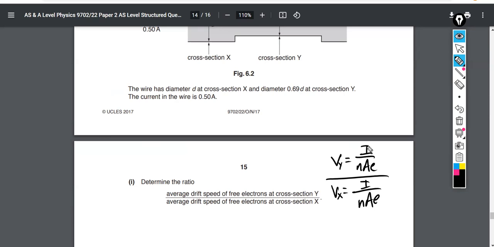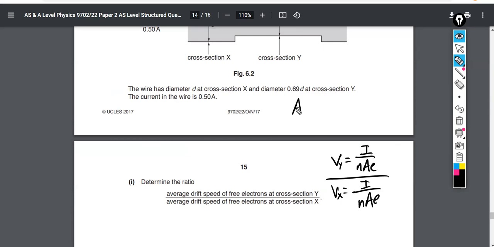We can consider that the current isn't going to change. That's going to cancel. The number density isn't going to change because it's the same metal, so that's going to cancel. Elementary charge is the same value. And so the only difference here is that the area at cross-section Y is different. So a change in the area here is affecting the mean drift velocity.